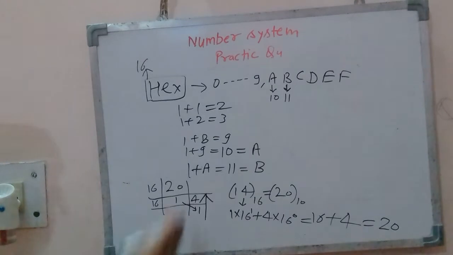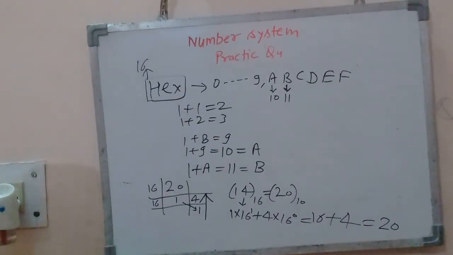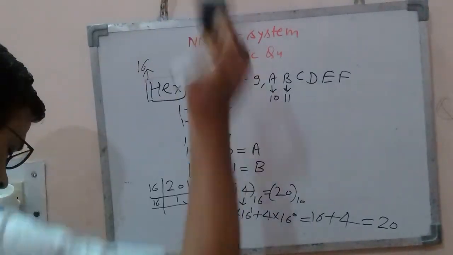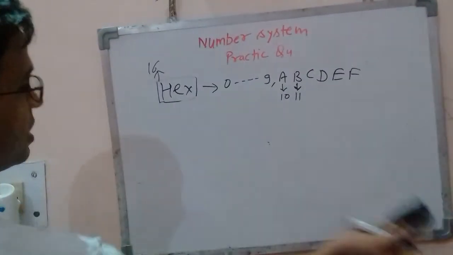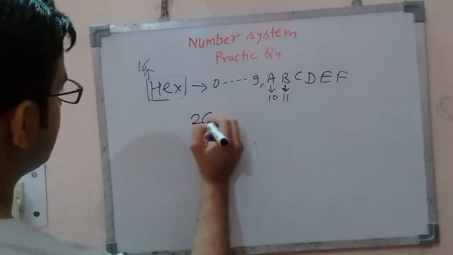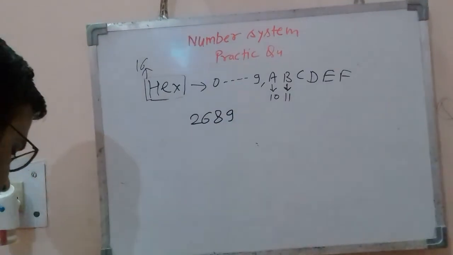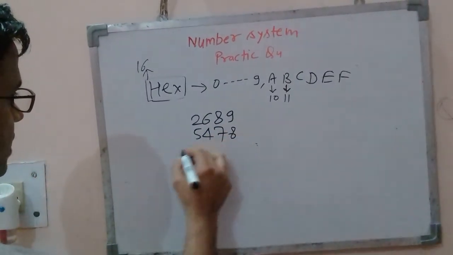Likewise, any number you can do like this. You can convert hexadecimal to decimal, decimal to hexadecimal. I told you all these things earlier. Let me start with the examples. Suppose he is asking you to add two hexadecimal numbers. One hexadecimal number is 2689. Another hexadecimal number he is giving you is 5478.